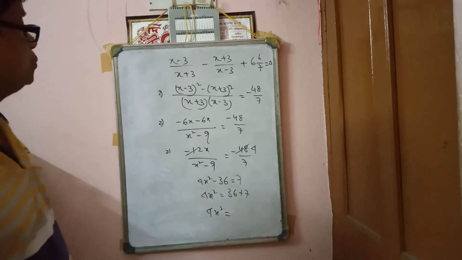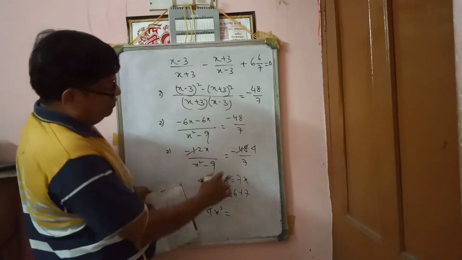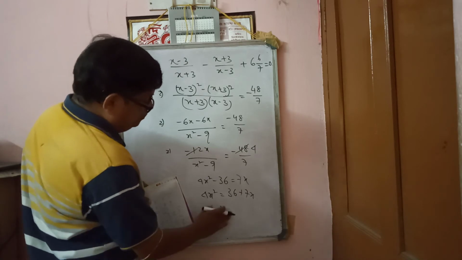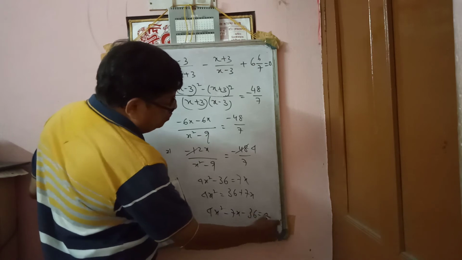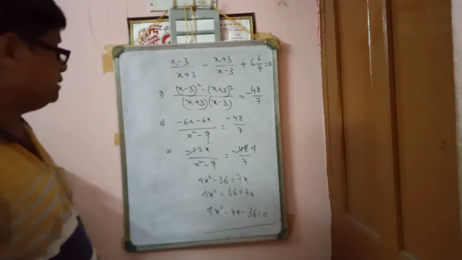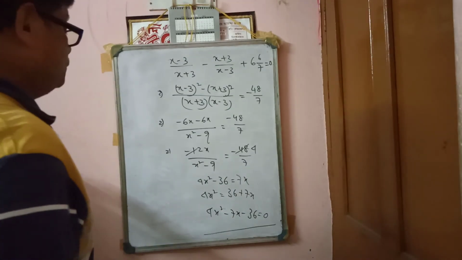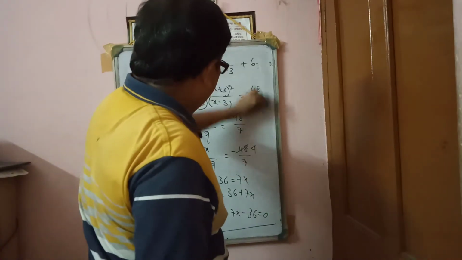Okay, so here, sorry, 7x. Now 4x square minus 7x minus 36 equal to 0, you can write now. 4x square minus 7x minus 36 equal to 0. Okay, so now factorize.